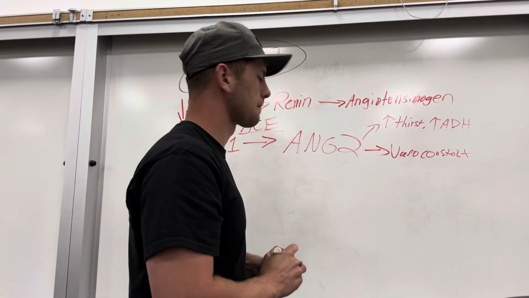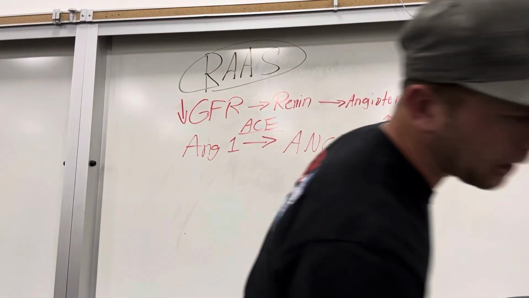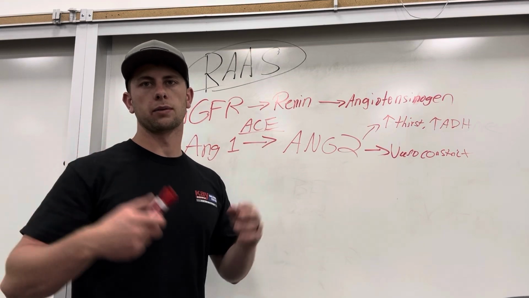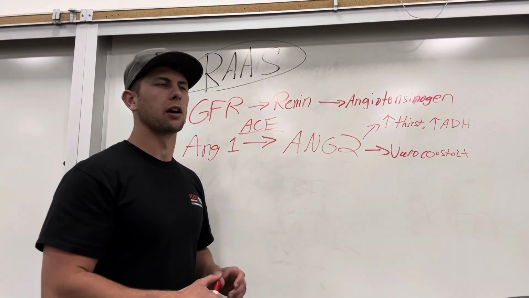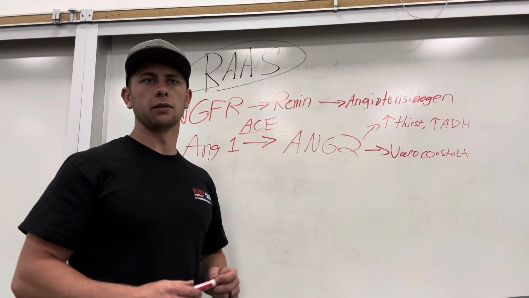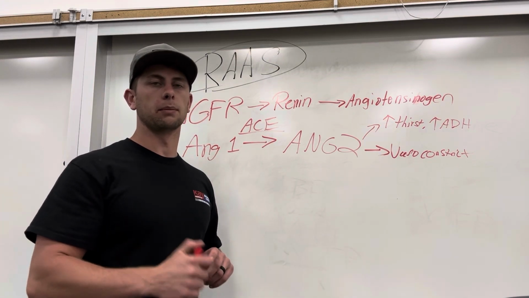Ang2 will also vasoconstrict. This is talking about the blood vessels, so we're going to increase pressure everywhere. We're not talking about just the afferent arteriole. It will vasoconstrict the efferent arteriole, which would increase the blood pressure in the glomerulus.